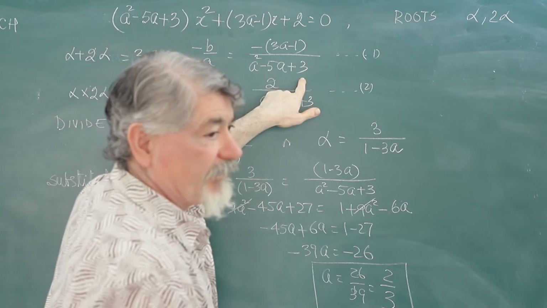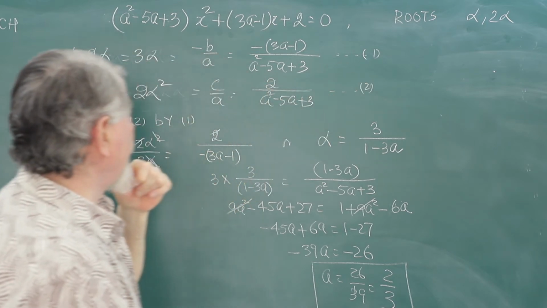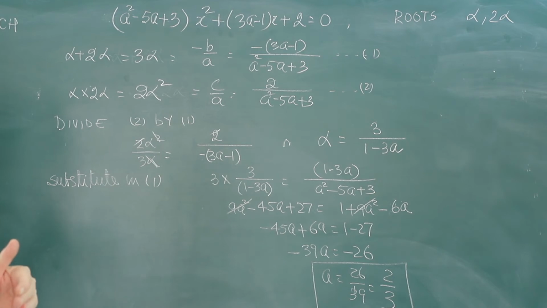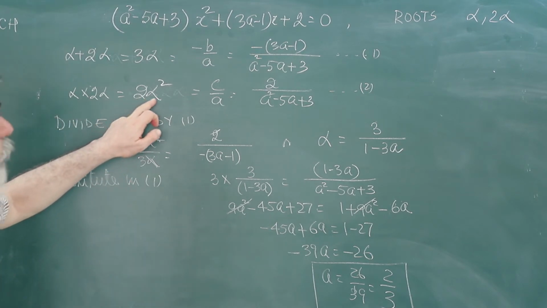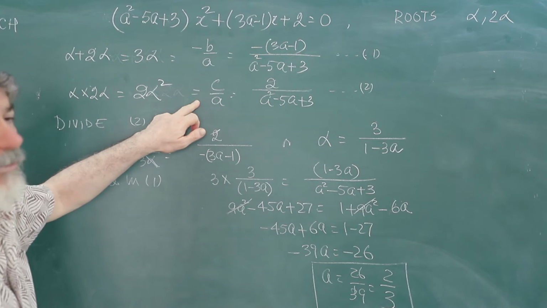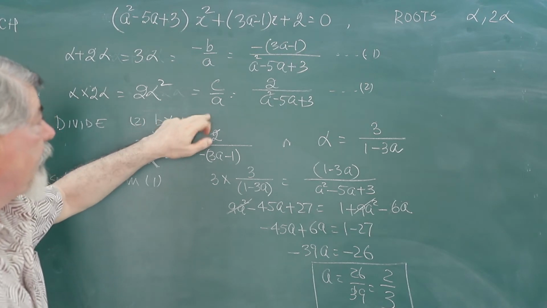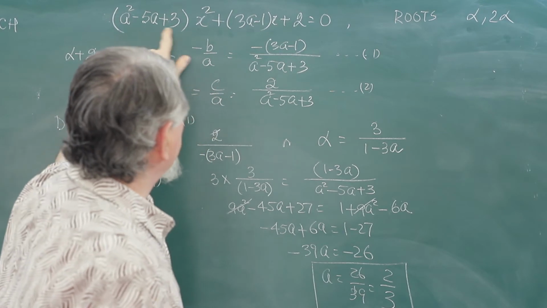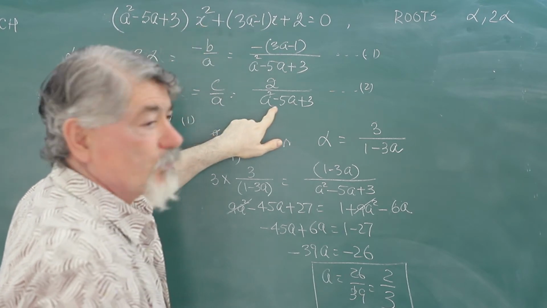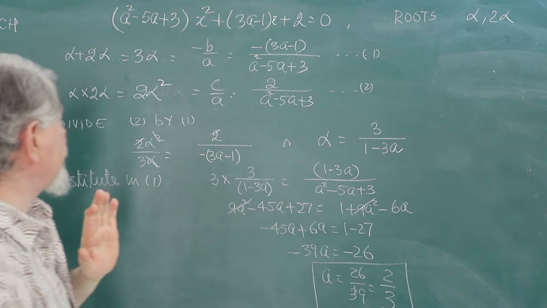This is equation 1. The second condition is the product of roots. We always calculate sum of the roots, product of the roots. So alpha into 2 alpha is equal to 2 alpha square, which will be equal to c upon a, where c is 2 and a is the coefficient of x square, which is a square minus 5a plus 3.